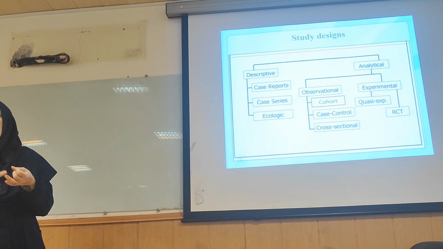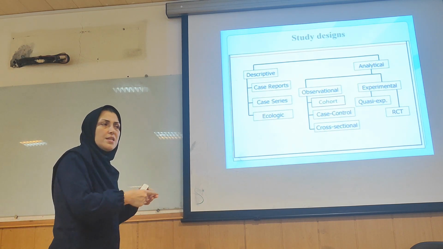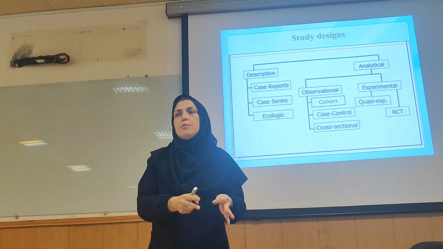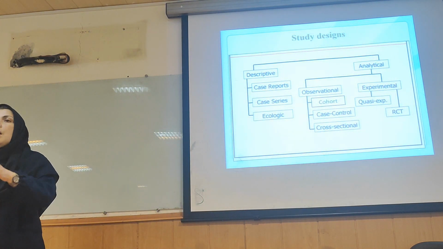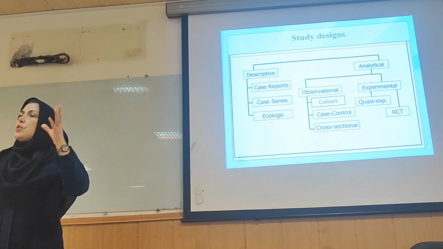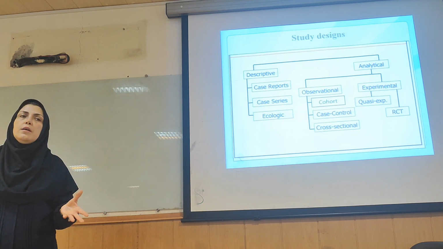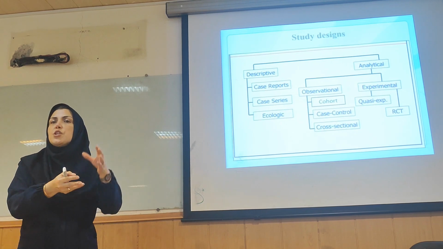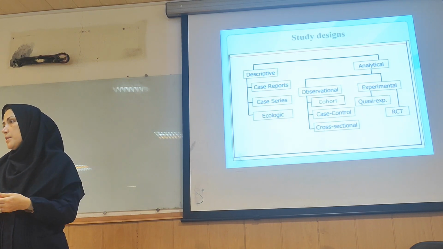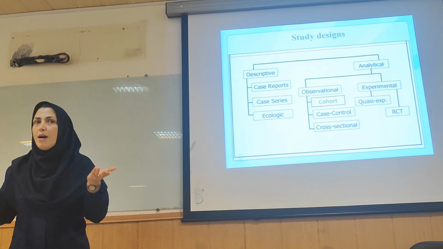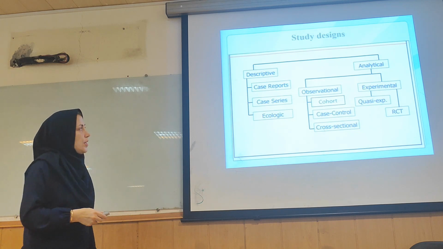How many women do we have? What is the mean age of this community? What is the mean age of that community? What is the educational level of the population who have disease or who are not diseased? It is a kind of description.